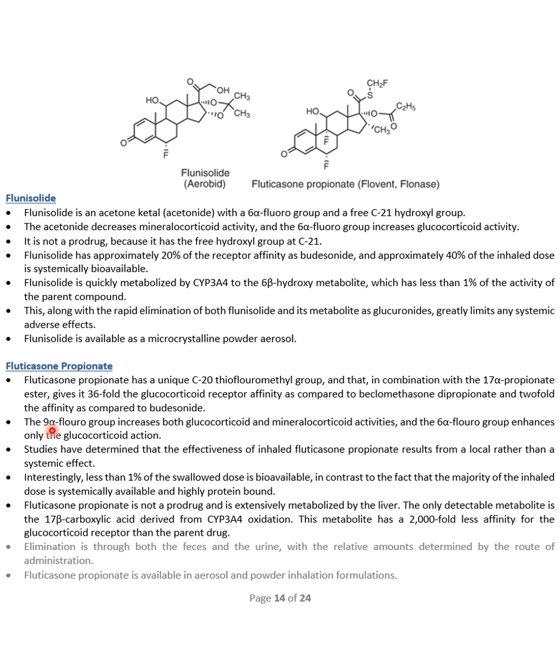And the presence of the 9-alpha fluoro, just like we mentioned in the table, would increase both glucocorticoid and mineralocorticoid activity, while the addition of a fluoro at position 6 would enhance only the glucocorticoid action. Okay, so I believe this one here is the 6, and this one here is the 9. So a fluoro at the 6 position and another fluoro at the 9 position. Okay.